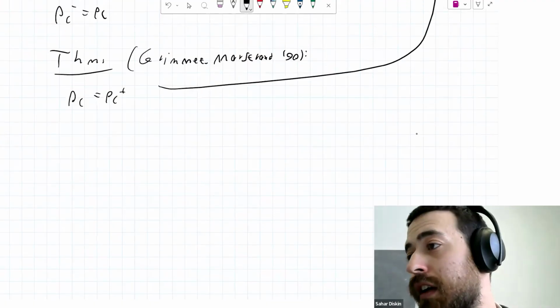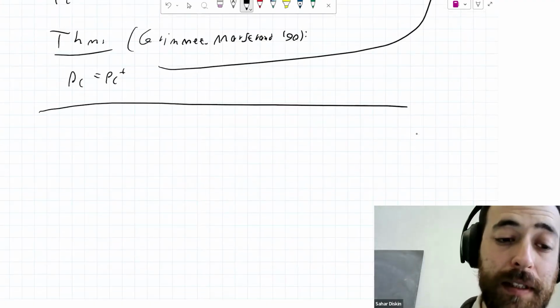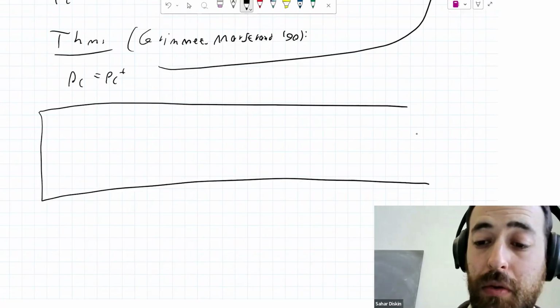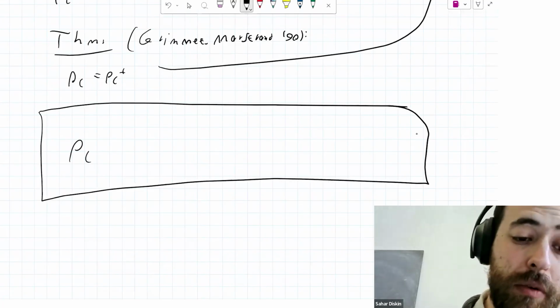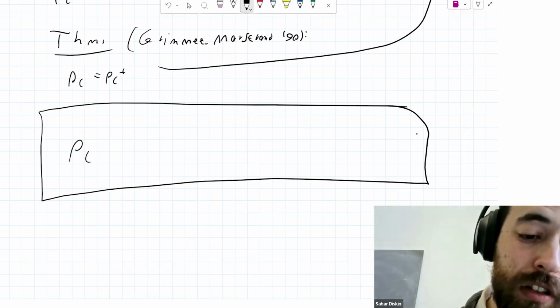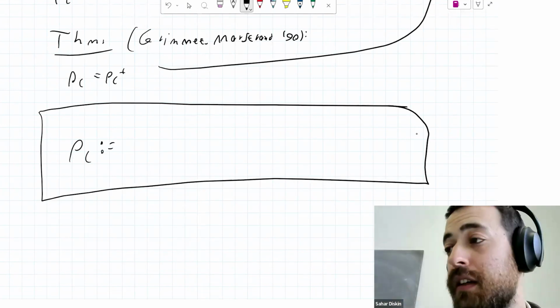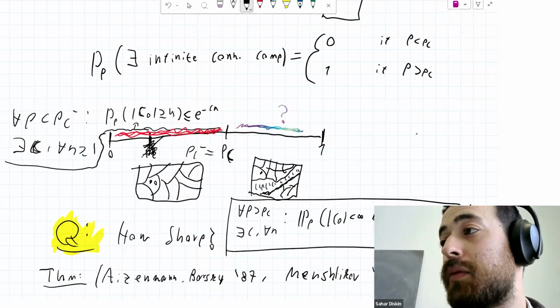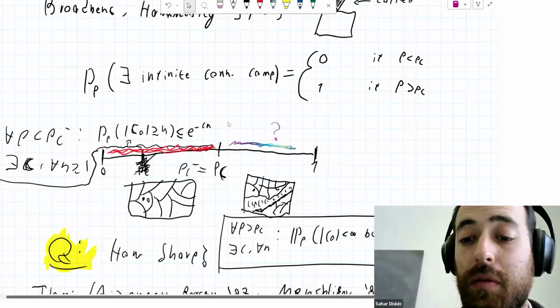So I actually didn't mean to write it, but one way to define this PC, and this is true here, but it's true also elsewhere, maybe let me write it. One way to define it, and it's not hard to show these definitions are all equivalent. I defined PC right before as the moment where there is an infinite connected component.